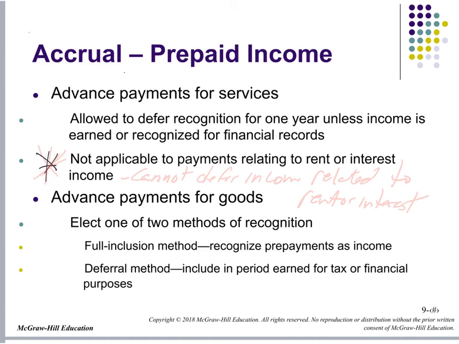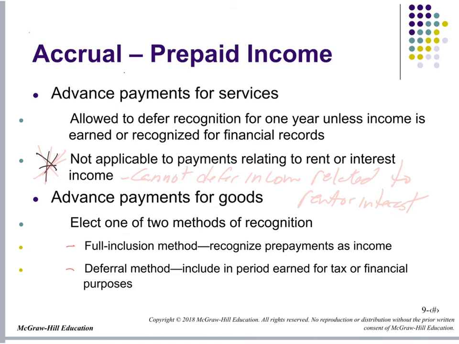What about advance payments for goods? Okay, so you've got one of two methods of recognition. So you've got either full inclusion or the deferral method. Okay, full inclusion says you recognize prepayments as income. So say, for example, you are purchasing some type of large earth moving equipment and you pay the full amount.